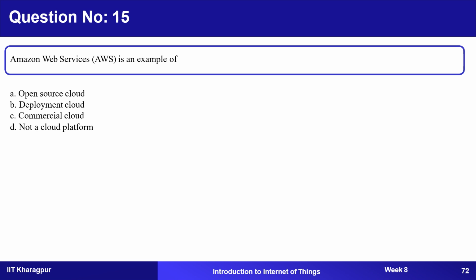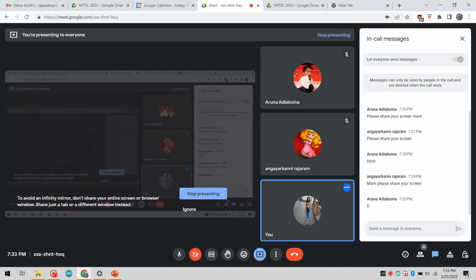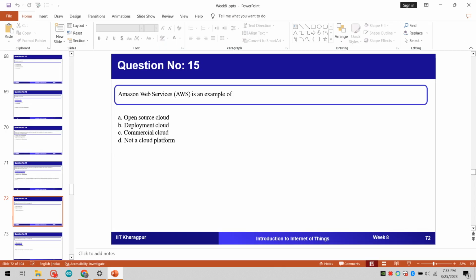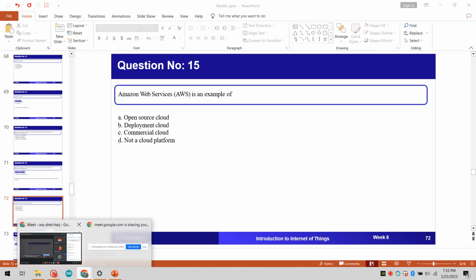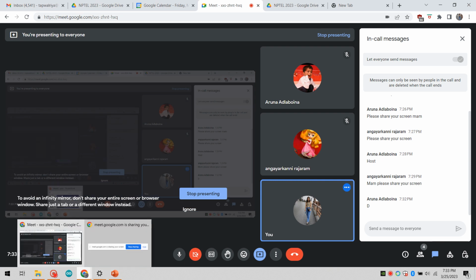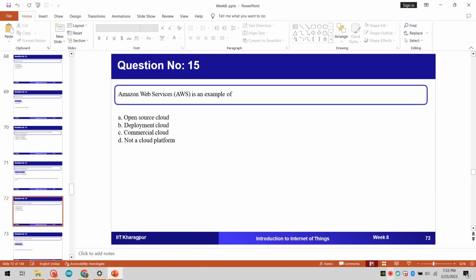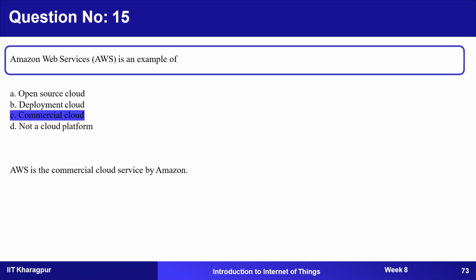Amazon Web Services is an example of open source cloud, deployment cloud, commercial cloud, or it is not a cloud platform. So it is a commercial cloud.